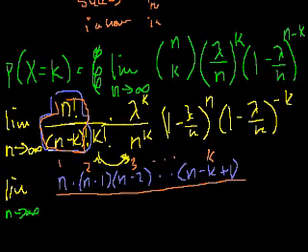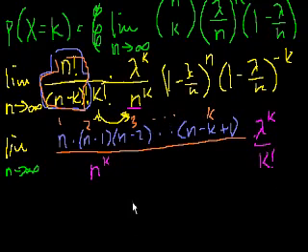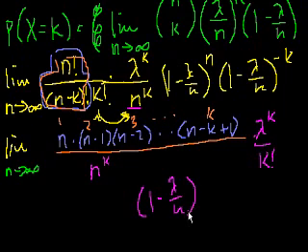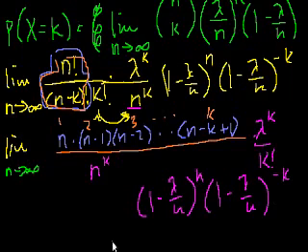So that's divided by n to the k times, I'm just switching these, lambda to the k over k factorial. And then what do we have here? I can just rewrite that, continuing the same line: (1 minus lambda over n) to the n times (1 minus lambda over n) to the minus k.